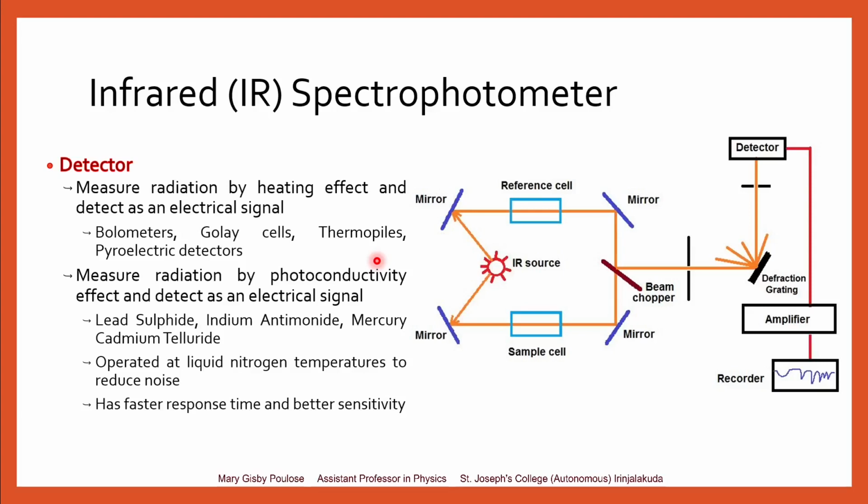They have to be operated at very low temperatures, at liquid nitrogen temperatures, to reduce the noise in the signal. This has the advantage of faster response time and better sensitivity. Now the detectors will convert it into an electrical signal, and this signal is amplified by the amplifier.